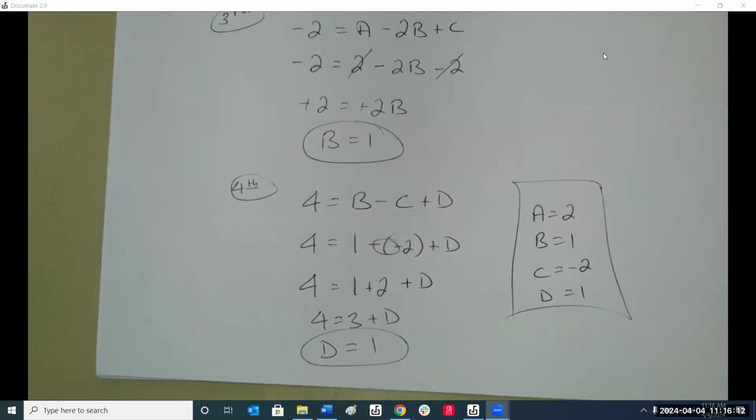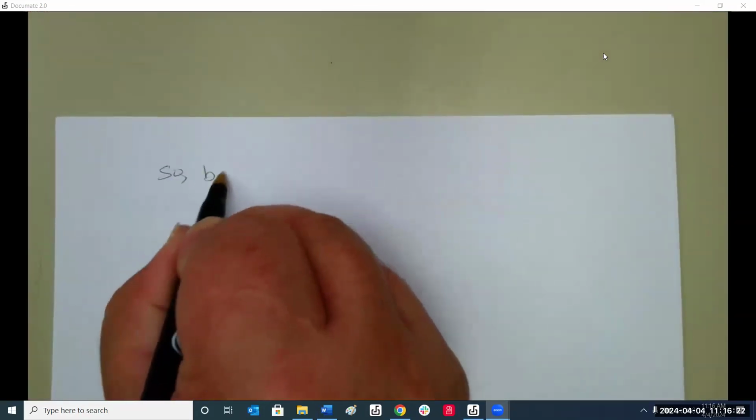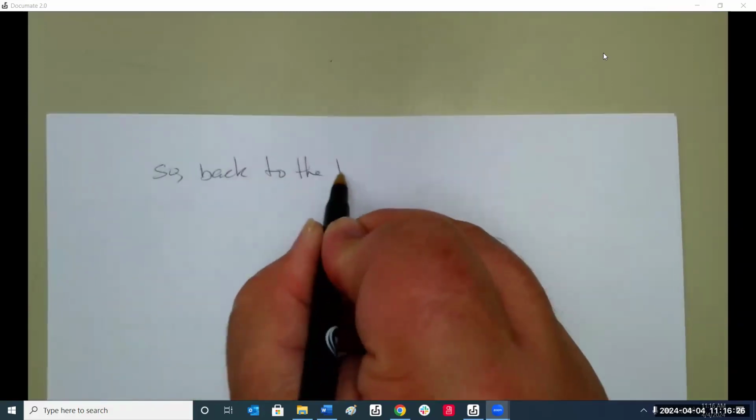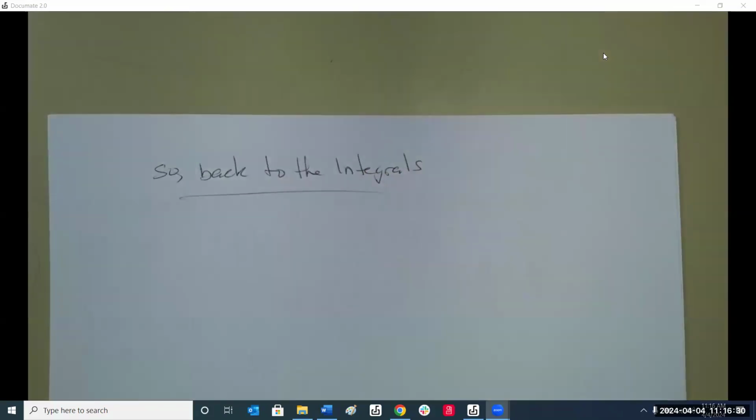Now I got to go back to the original equation. Back to the integrals. Here.